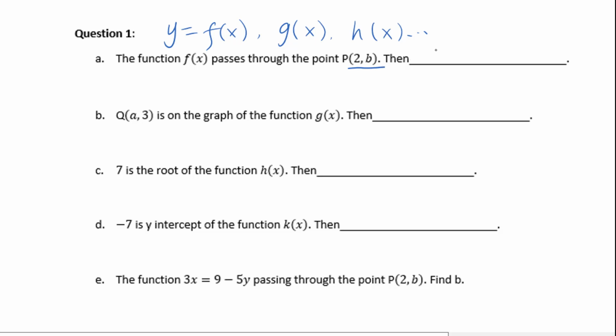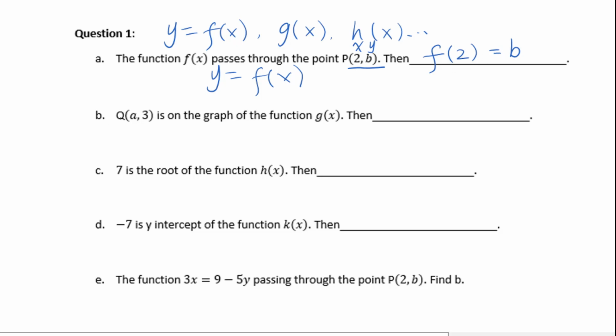Then we can write down f of 2 equals b, because we know y equals f of x. So x equals 2, y equals b. We can write down b equals f of 2 or f of 2 equals b.